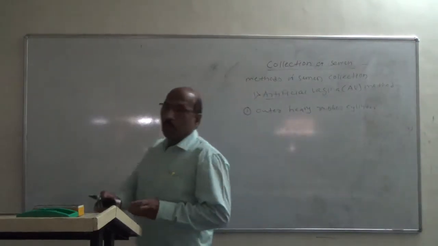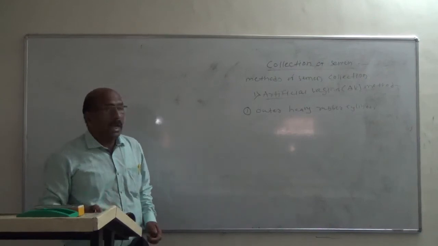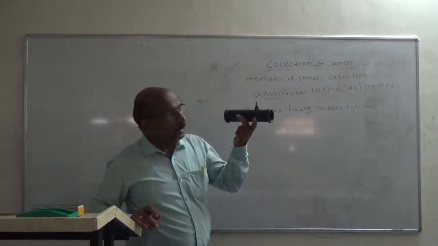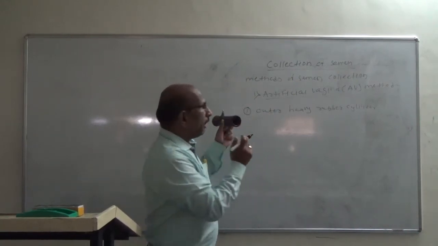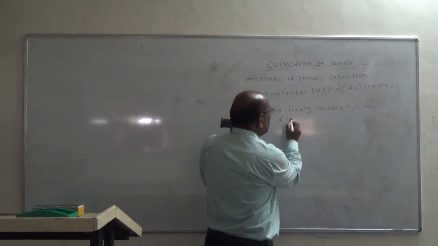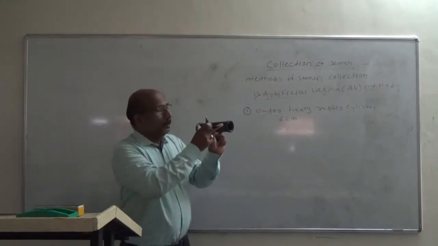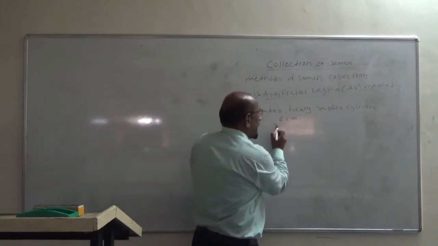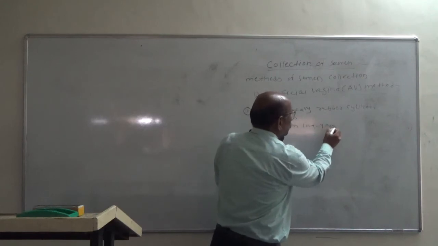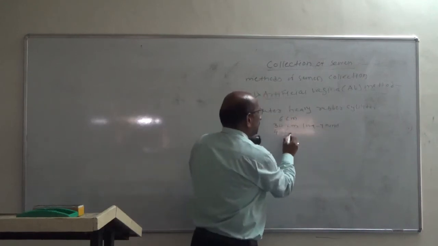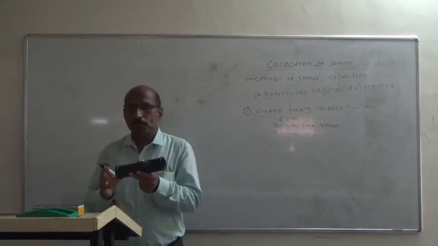First, outer heavy rubber cylinder. It has a diameter of 6 centimeters and is 30 centimeters long in young bulls and 40 centimeters long in adult bulls.